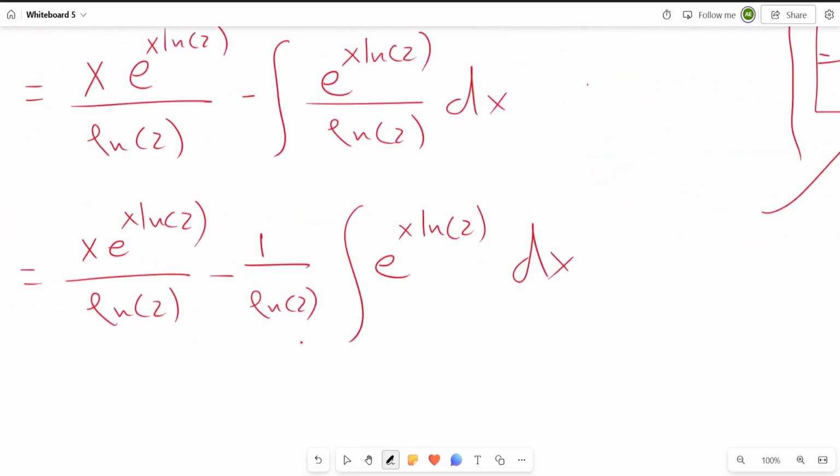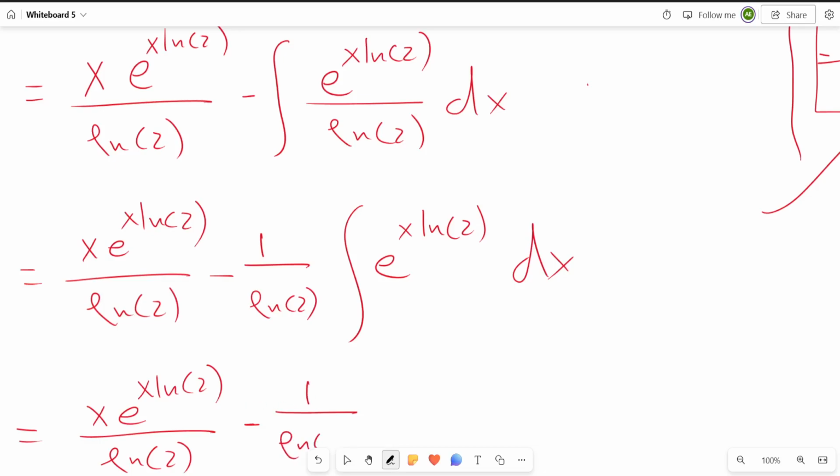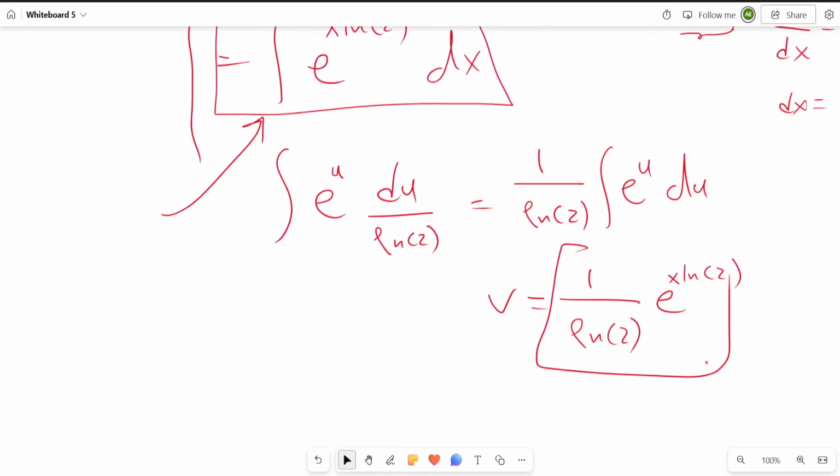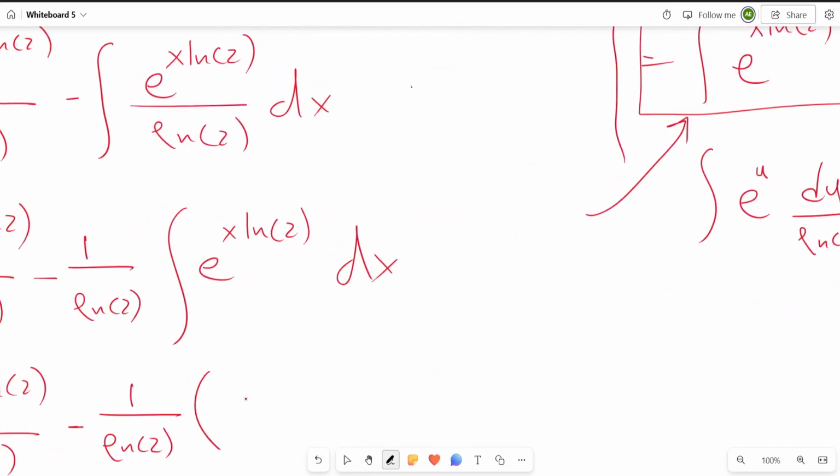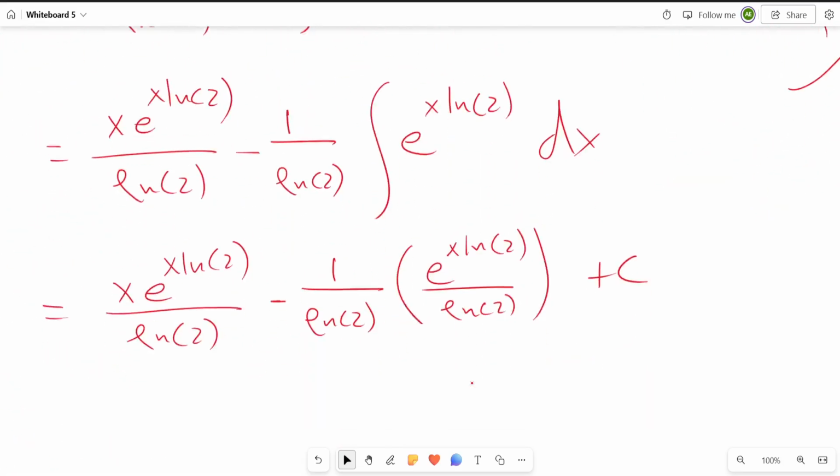Okay, so I can rewrite this whole thing as x e power x ln of 2 over ln of 2 minus 1 over ln of 2 times the integration of this, which is basically e power x ln 2 over ln 2. So e power x ln 2 over ln of 2 plus the constant of integration.